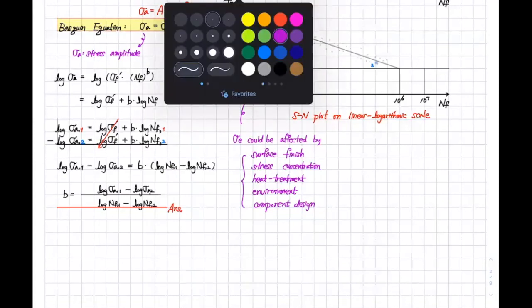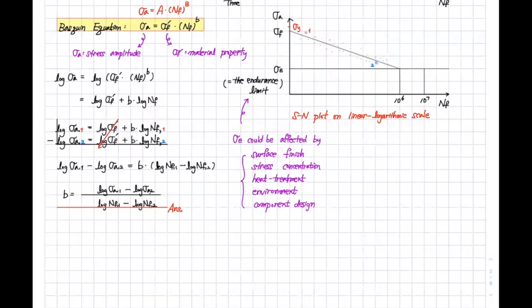And for you guys, I will write more. This sigma E is the endurance limit. The important thing is that it is at zero mean stress.